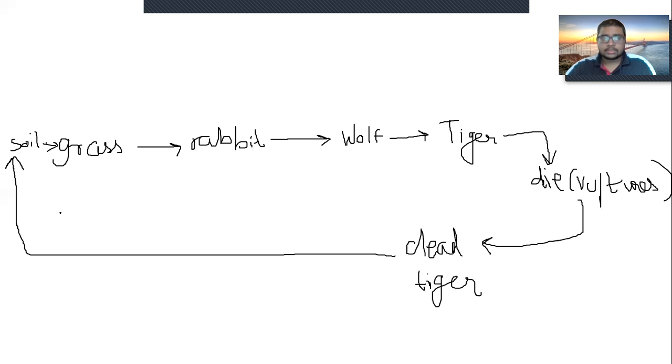So what do you think? There is familiarity. See, soil, then there is grass. What is grass? Grass is a plant, isn't it? What is rabbit? Rabbit is a herbivore.